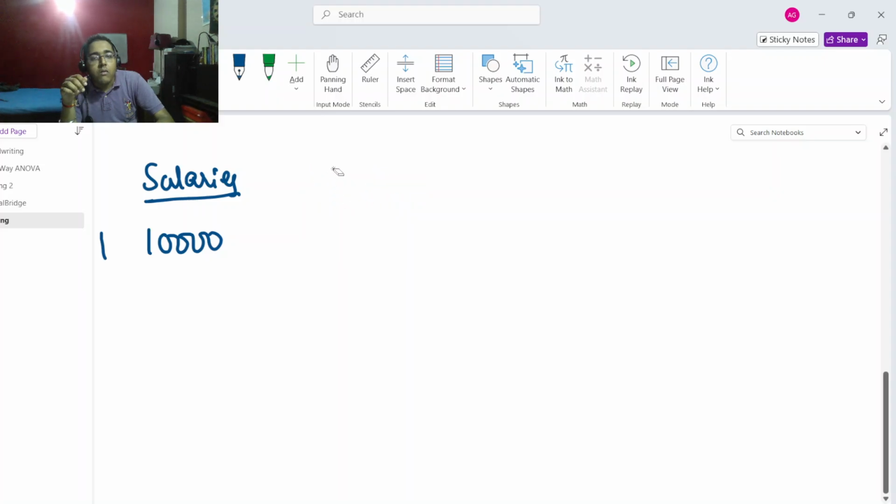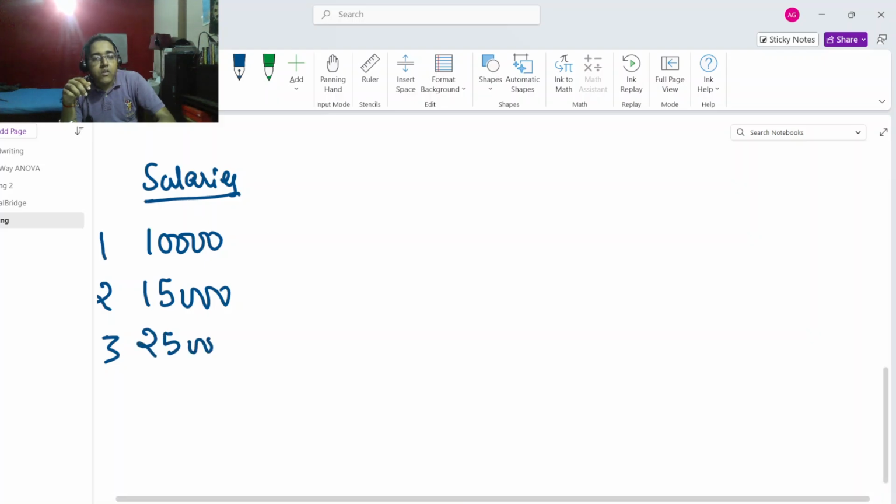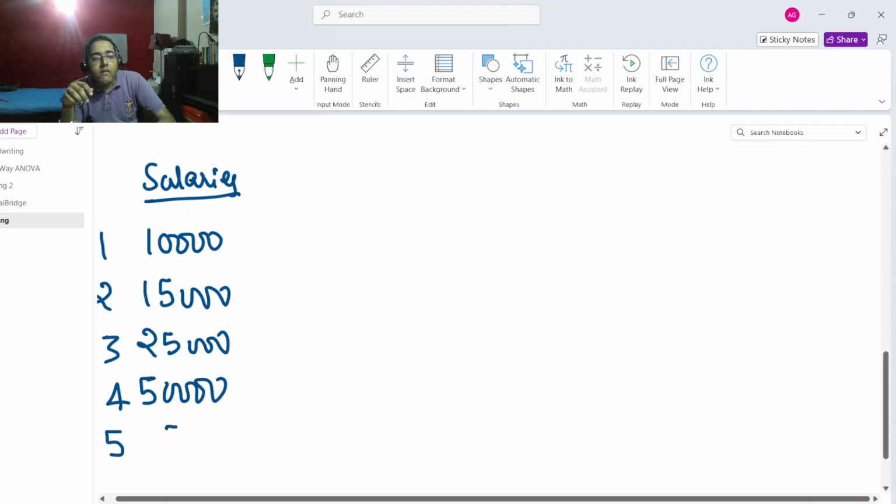Employee number two has a salary of 15,000. Employee number three has 25,000. Employee number four has 50,000. And employee number five has 5,000. So we have salaries of five employees.